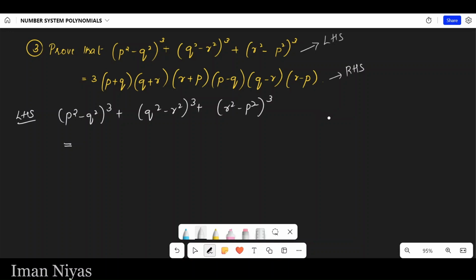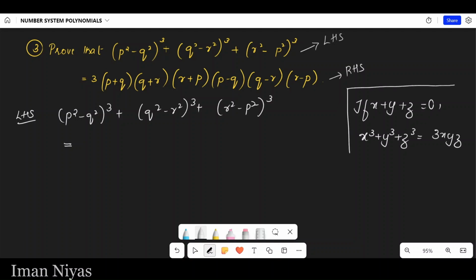In that we have learned one more thing. If x plus y plus z is equal to 0, x cube plus y cube plus z cube will be equal to, do you remember? Yes, 3xyz. This we got from the 8th identity, as I told, we have learned in the chapter polynomials.